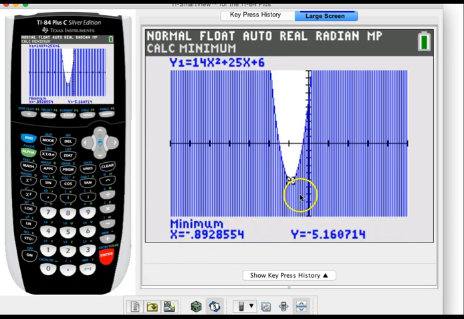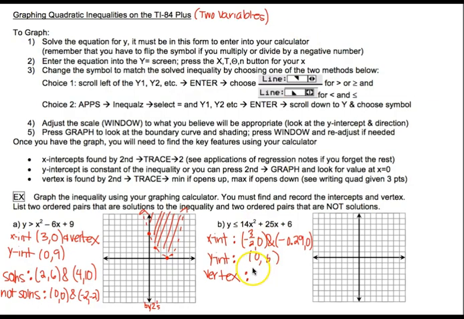And there is my vertex. Again, these don't come out nicely, so I'm going to round them. -0.89 and -5.16. So I have graphed it using my calculator.